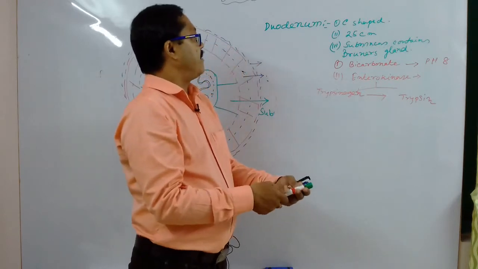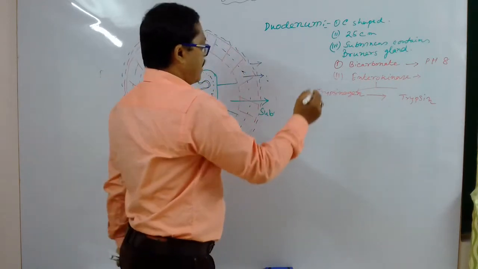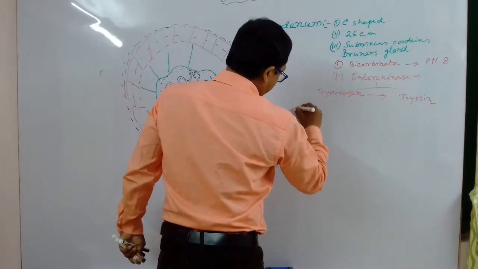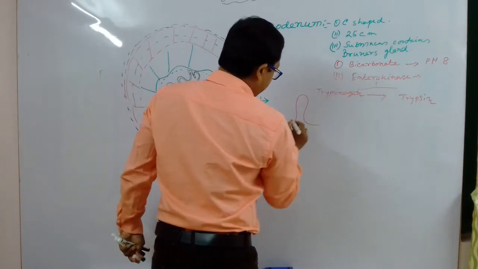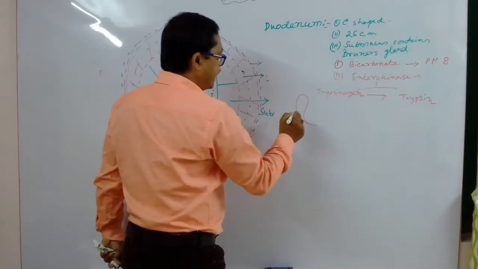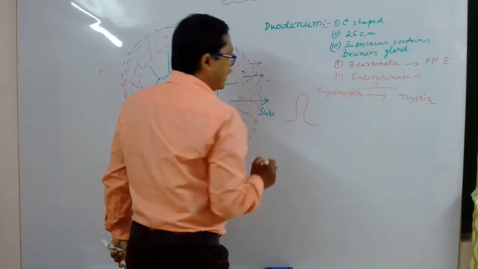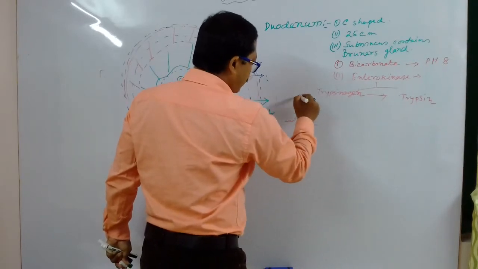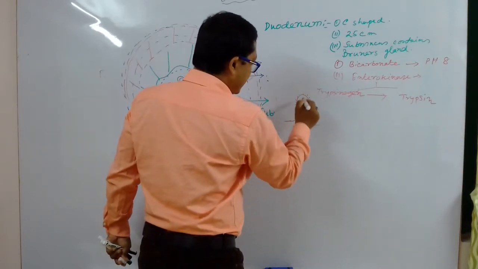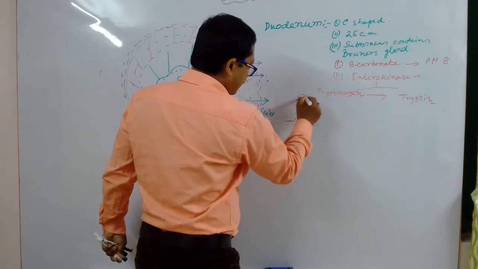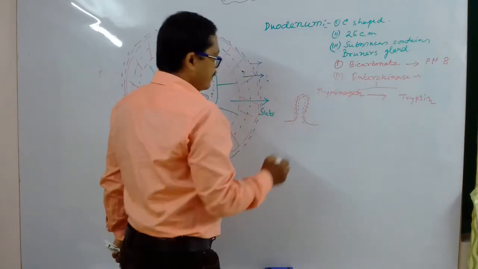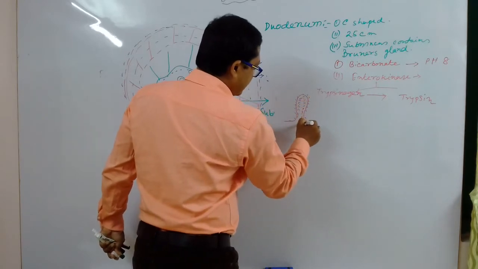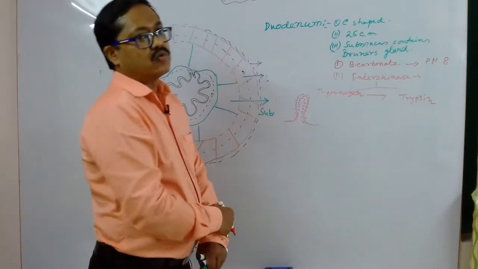In the duodenum, the mucous zone also contains villi. The duodenum contains villi, and villi are made of outer columnar epithelium, inner basal lamina and innermost muscle cells, the muscularis mucosa.